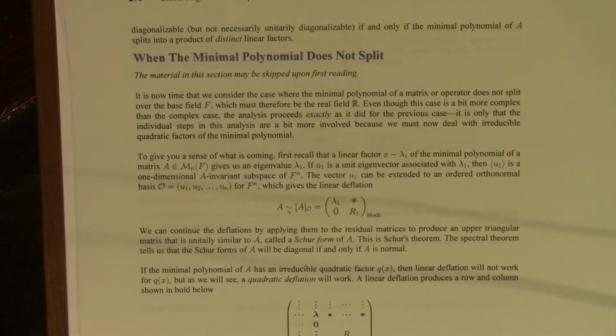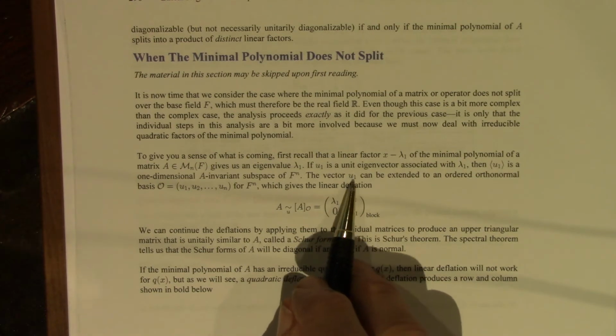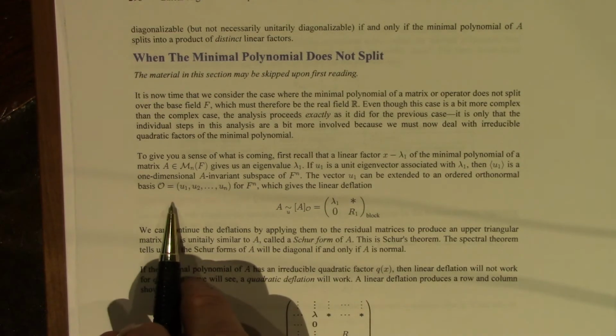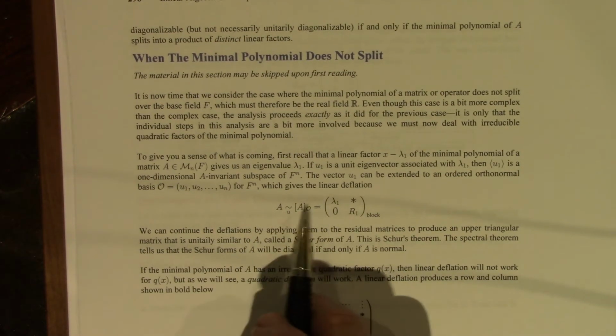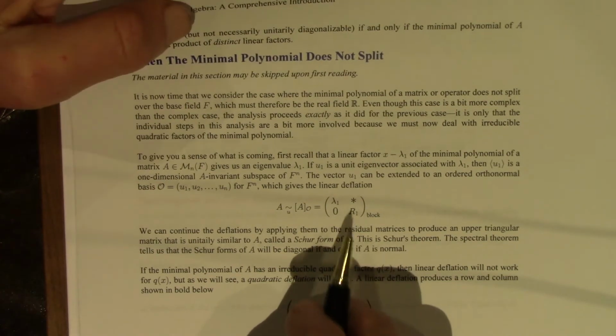A is our matrix in question. We can then extend this vector u1 to an orthonormal basis for F^n, and that gives us a linear deflation. So this is old news from the last lecture.